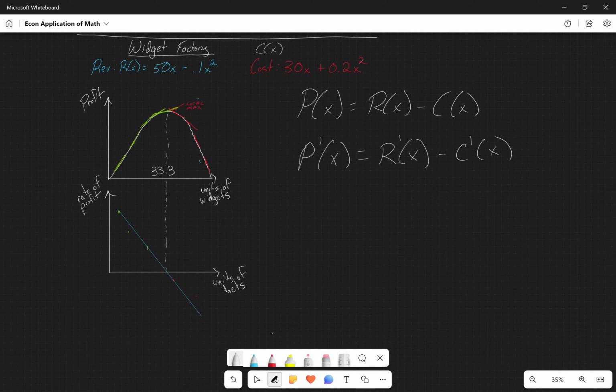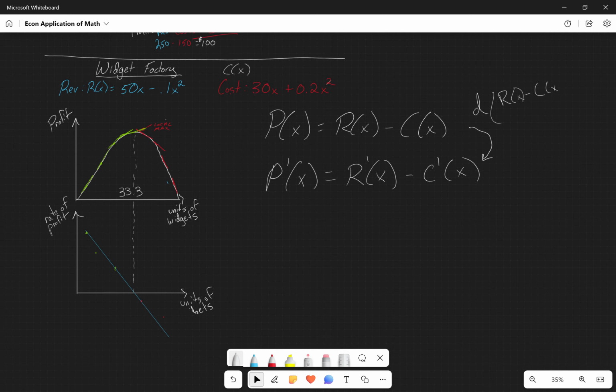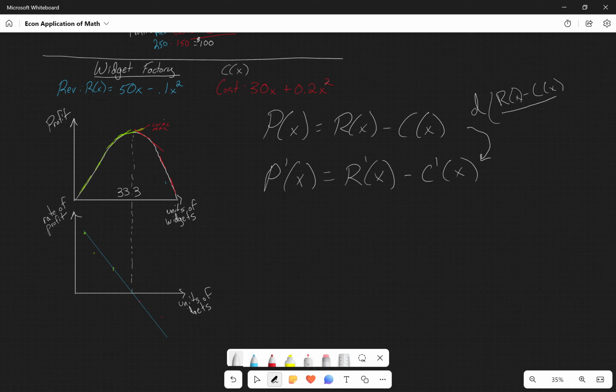So essentially there's a middle step here where you're taking the derivative of R(x) minus C(x) with respect to x.